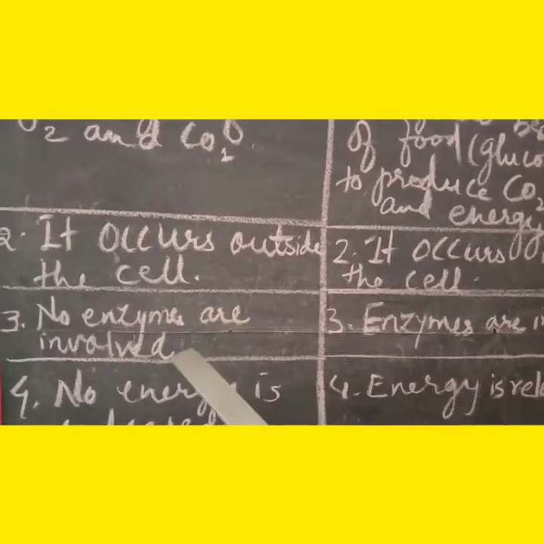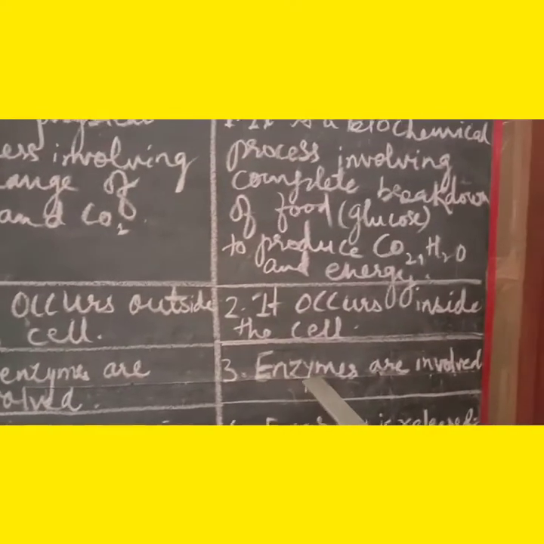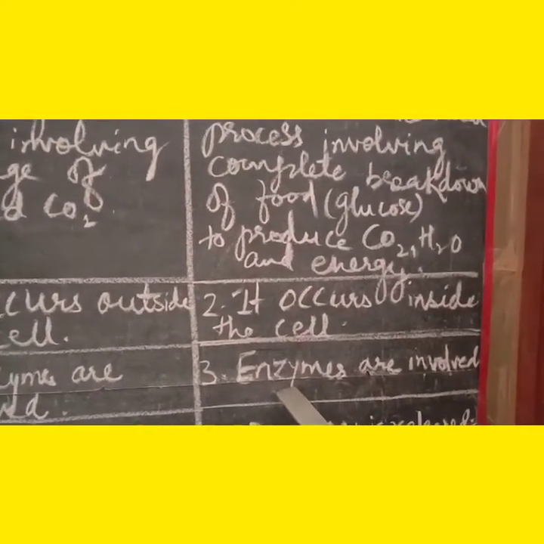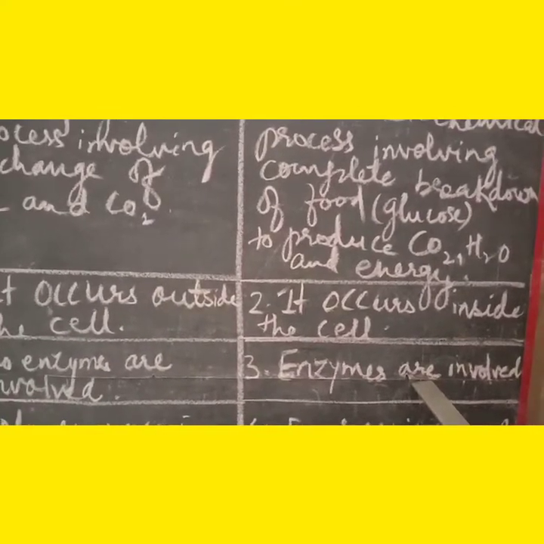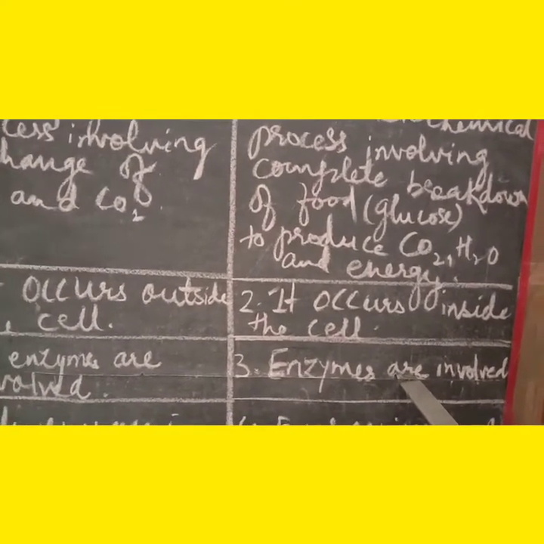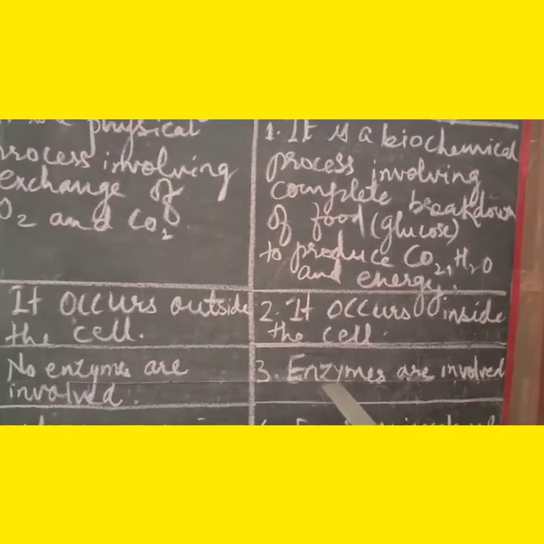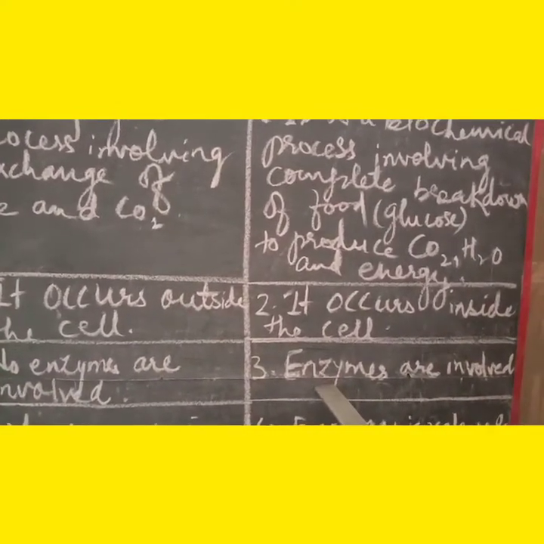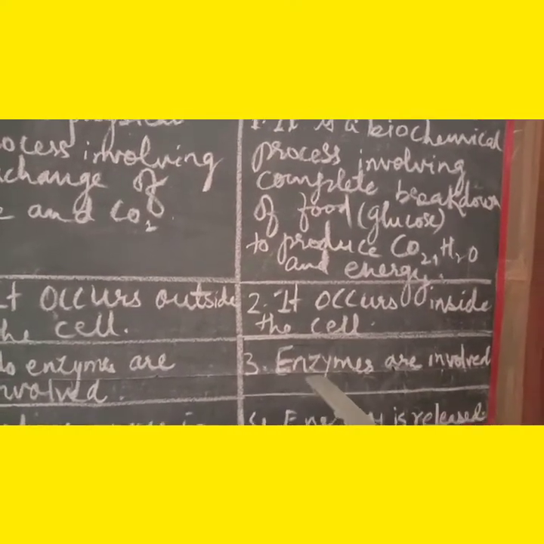No enzymes are involved in the breathing process, whereas different enzymes are involved during cellular respiration at different stages. Enzymes are special proteins, you must know, which enhance the rate of reaction.